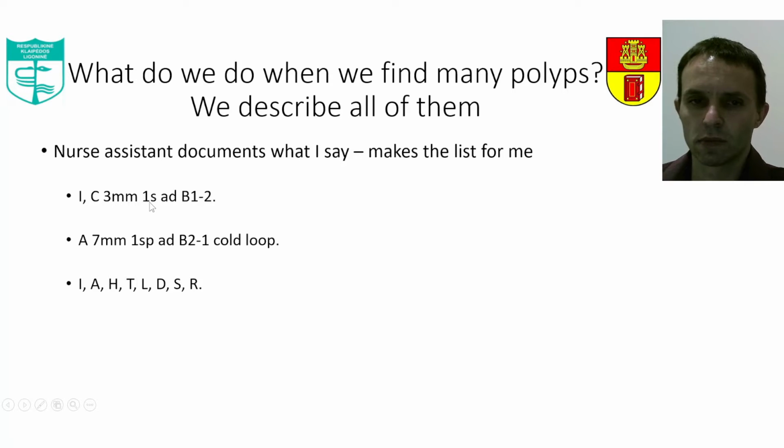1S means sessile. Ad means it looks like adenoma. B1 means biopsy number 1. -2 means 2 pieces. And I remember that with those 2 pieces I removed the 3 mm size polyp completely with biopsy forceps.